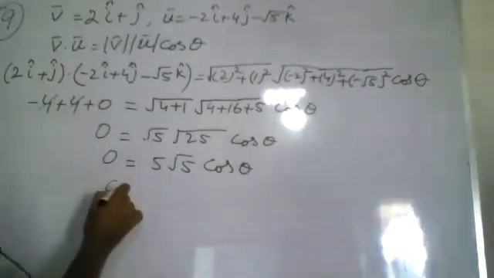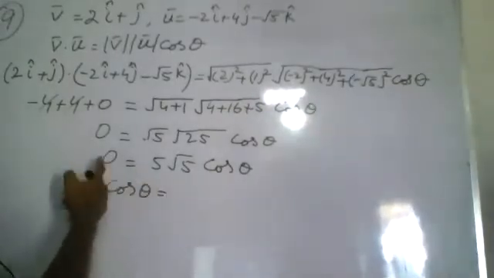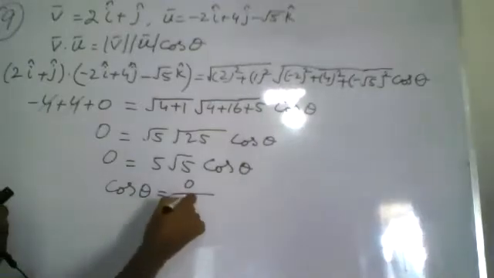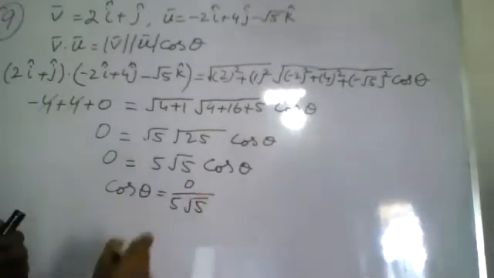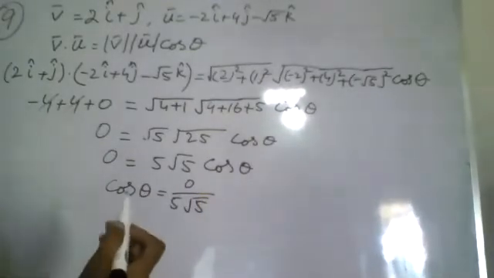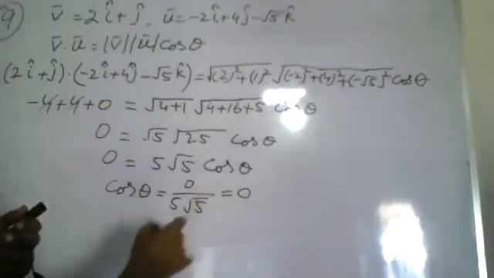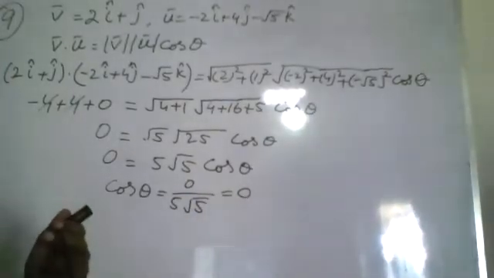So cos of theta will become 0 upon this one. Zero upon 5 under root 5 is equal to 0. Zero upon any number will always be 0.